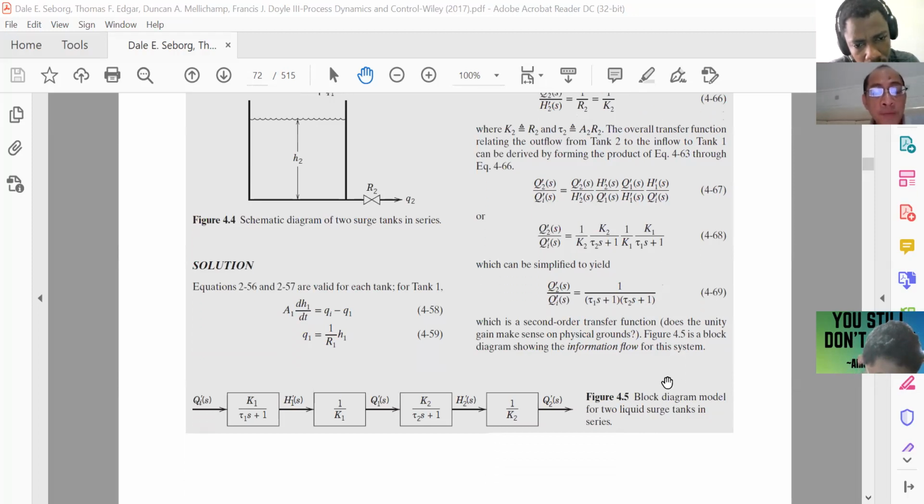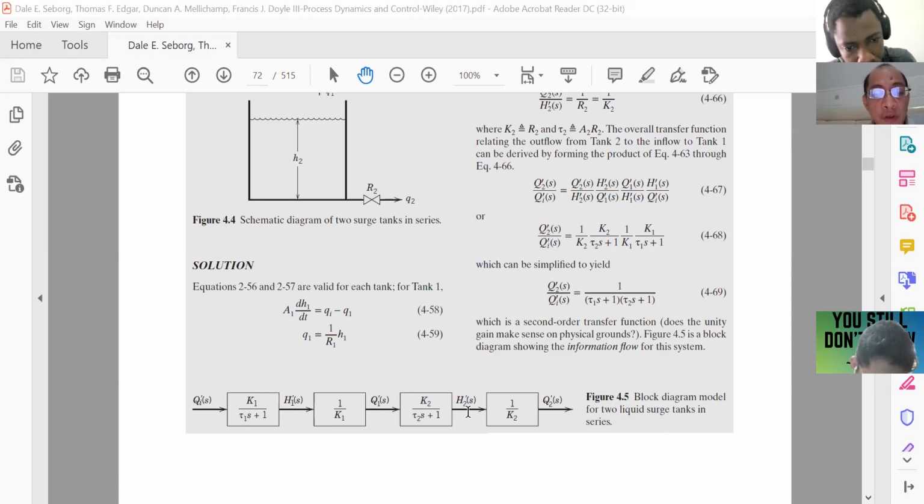And now for the block diagram, we can write something like this one. Okay, Qi prime is the input and the output is H1 prime. So this is the transfer function between Q1 prime and H1 prime, this is the transfer function between H2 prime and Q1 prime, and this is the transfer function between H2 prime and Q2 prime.